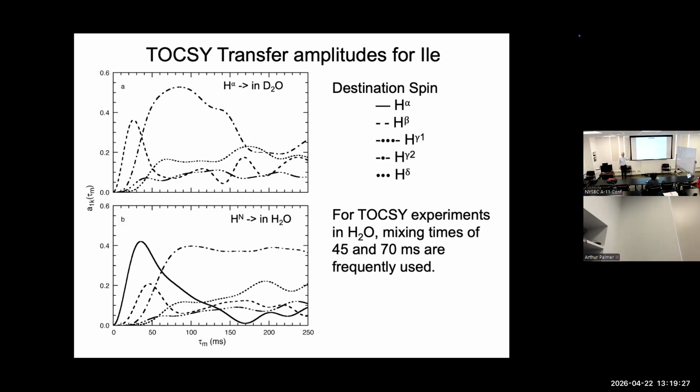For the COSY, the relay, double relay, and then the TOCSY, there are papers back in the 80s in which there are graphs like this for every spin system with variations and couplings, etc. So it was a big industry to work this out.